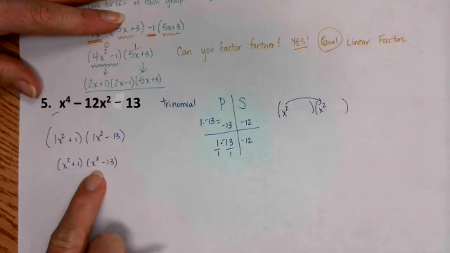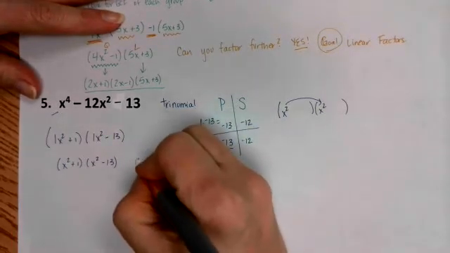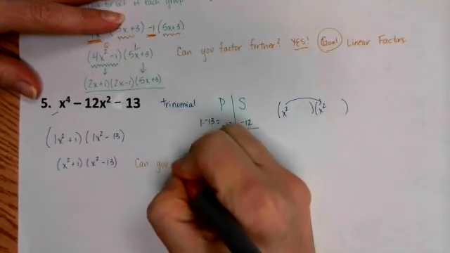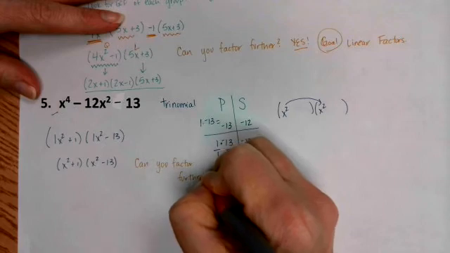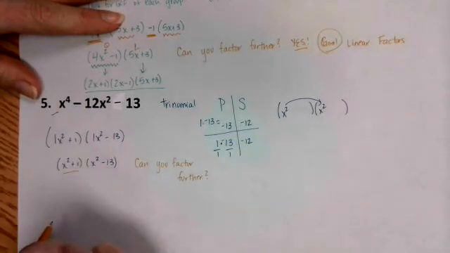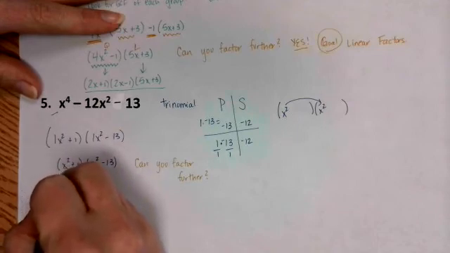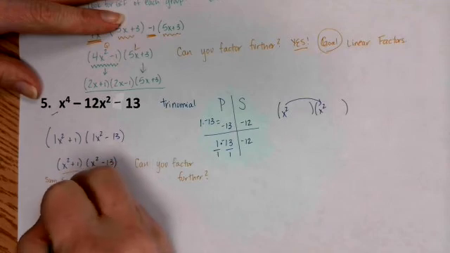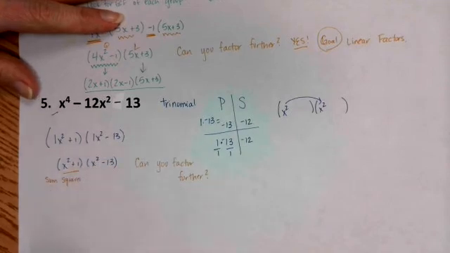These are not linear factors. So I would ask the question, can you factor further? So let's investigate. 2 terms. It is a sum, but they are not cubes. It is a sum of squares. This does not factor any further.